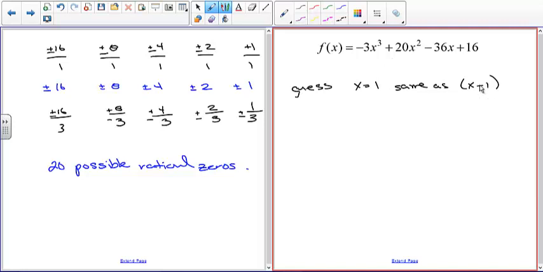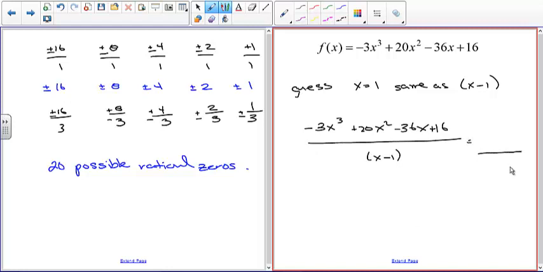So the question is, if I take negative 3x cubed plus 20x squared minus 36x plus 16, and divide by x minus 1, and I get a polynomial with a remainder of 0, then this is a factor, this is a zero. Now the easiest way to do this problem is to use synthetic division. So what I would do is write out the coefficients of the original polynomial.